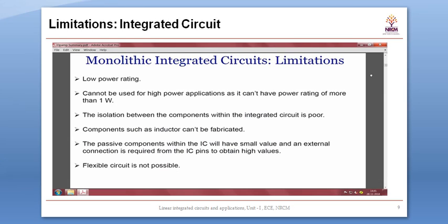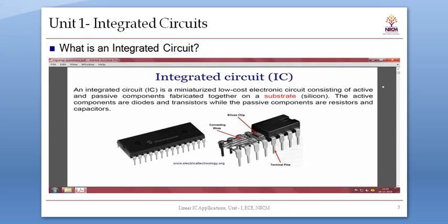So we will see how the inside of the IC looks. As you see here, there are terminal pins and there are connecting wires. If I remove the case of the IC, you will find that there is a silicon chip, and from the silicon chip the connections are given to the terminal pins here.